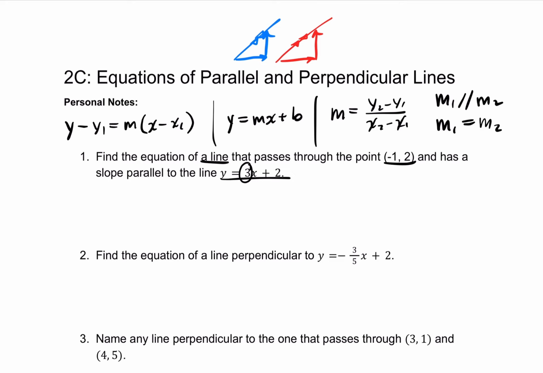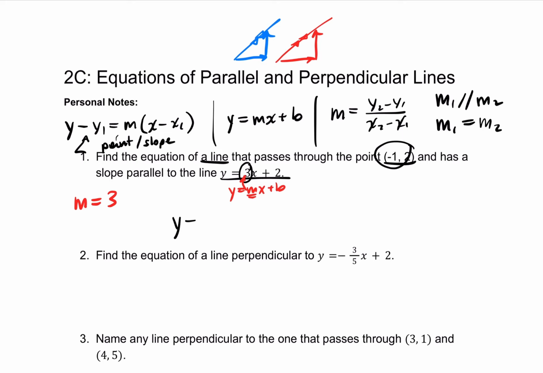So since this is in y equals mx plus b form, we know that m corresponds to the slope, and so the slope must be 3. So we want our m to be 3. Now we just have to write the equation of a line that has an m of 3 and passes through this point. Fortunately for us, if you have a point and slope, we can give them to the point slope form to make a line that does just that.